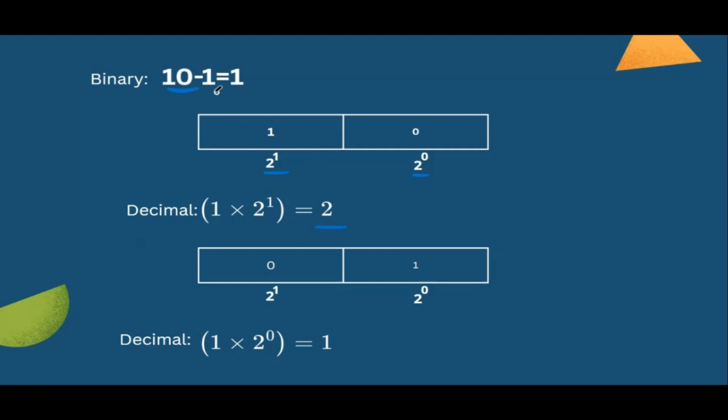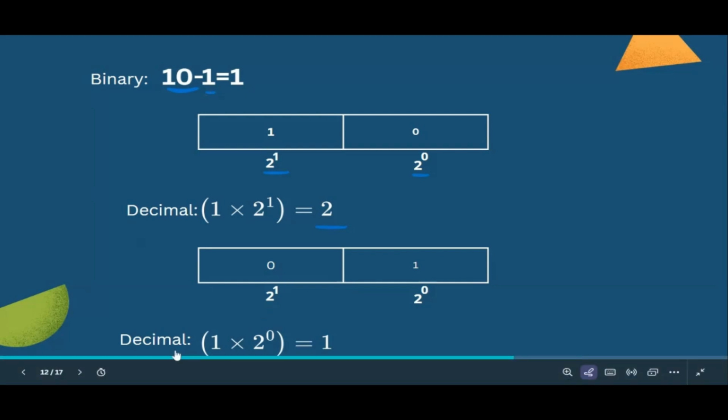Similarly, when we try to convert this bit 1, we get the decimal equivalent as 1. That is, assigning the place values, we get 1 into 2 raised to 0, which is equal to 1.